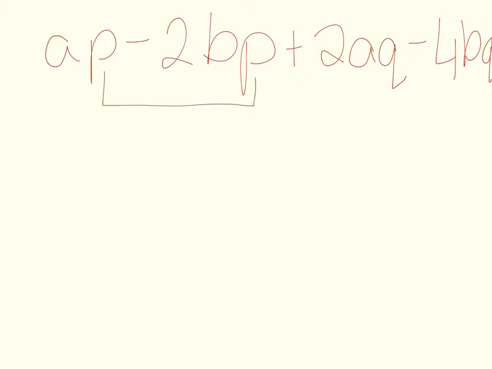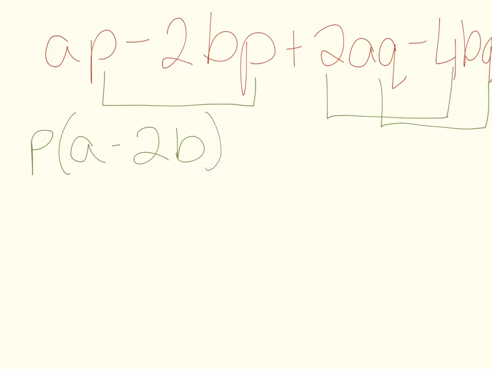In my second two, they have a highest common factor of 2, and they also have q. So my first bracket I factorise as normal. I remove the p and I'm left with a minus 2b. In the second bracket I have 2q bracket a minus 2b.